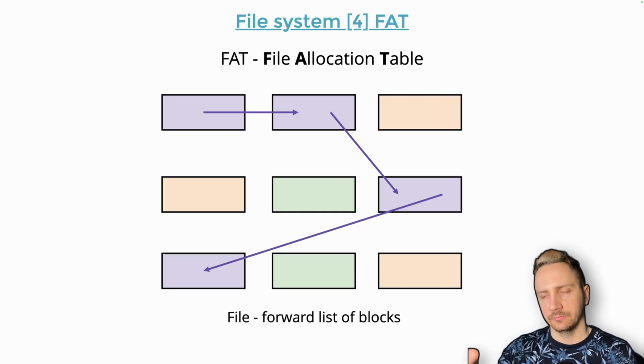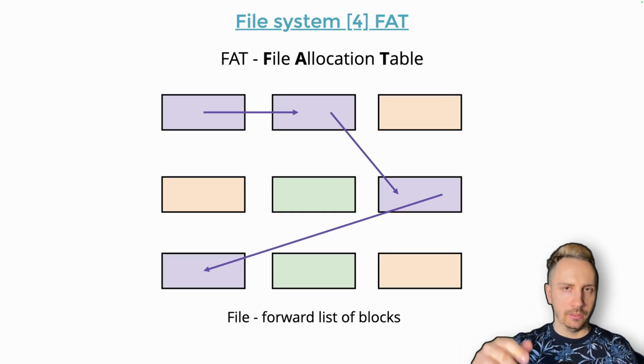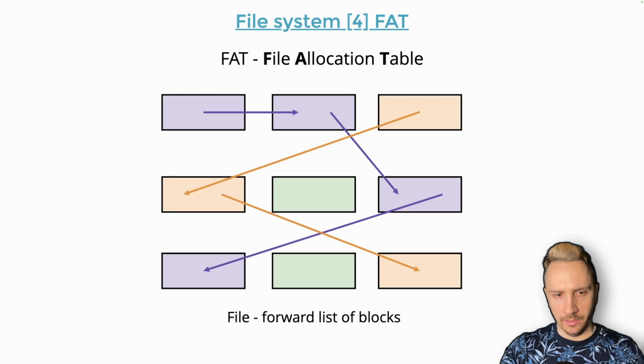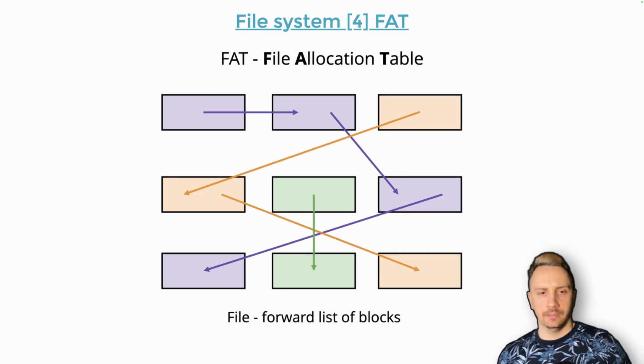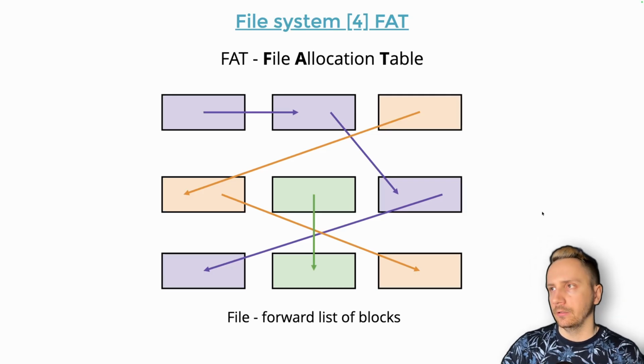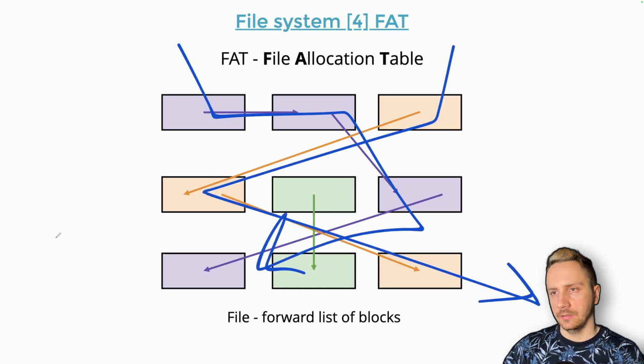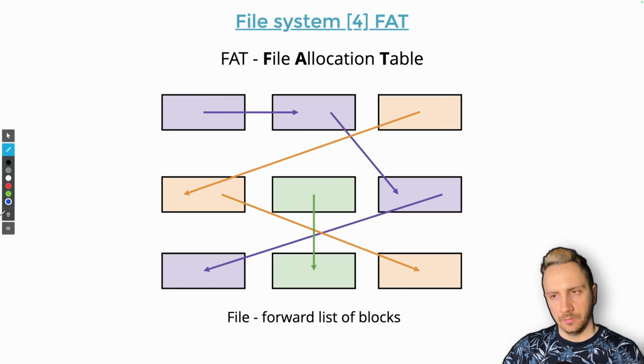But eventually, when files grow in different random order, get deleted, created, you will have fragmentation issues, that files will be entangled with each other. You can still follow them as lists of blocks. They are still correct. It's just that to read one file, you will have to jump here, here, here, here, or read this one like this, right? It's readable, but there is a problem with that.